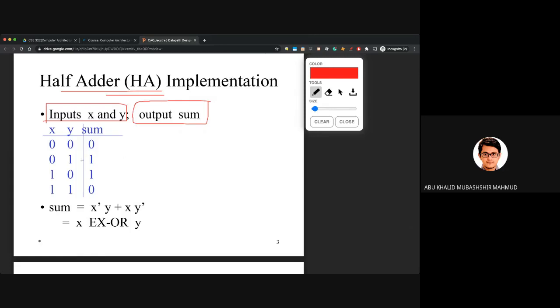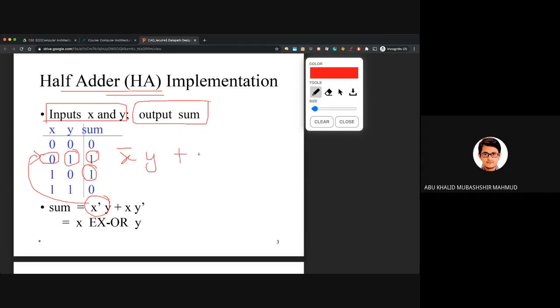When the value of the sum is 1, what happens is that we take input 0 in x and input 1 in y. This is represented like this, x prime or x bar, which you are familiar with.